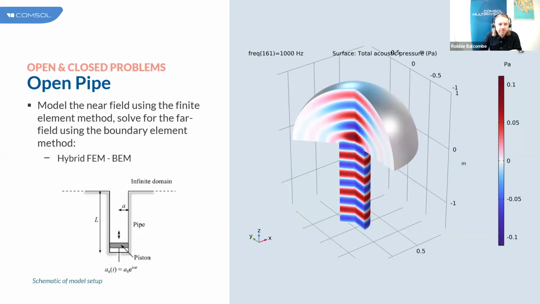So we want to allow the field to propagate to infinity. Now, of course, in reality, it's impractical for us to try and model an infinitely large domain, so we need a means of truncating the modeling domain. So we could model the solution in the near field as a finite element problem, and then model the propagation to the far field as a boundary element method problem.